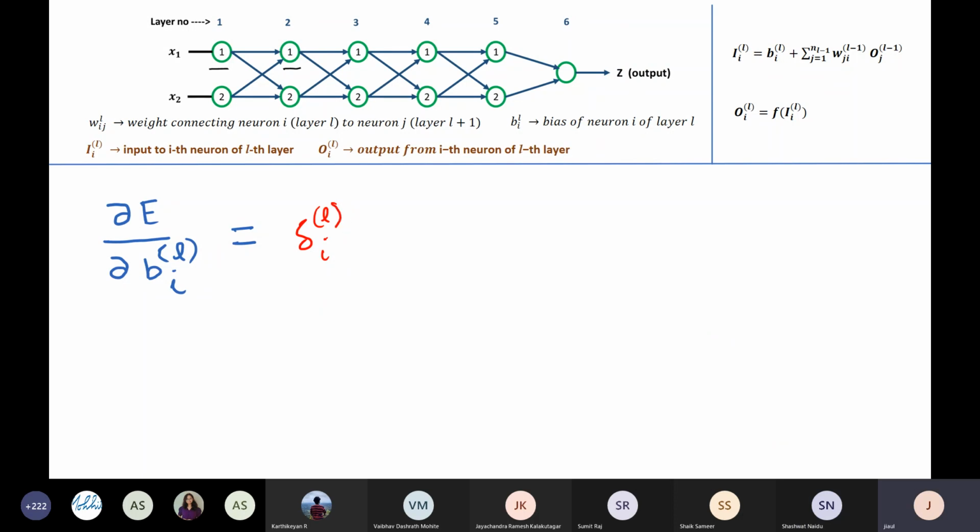And then what about delta L i? We had derived the general expression in the last class. Can you recall that once more?